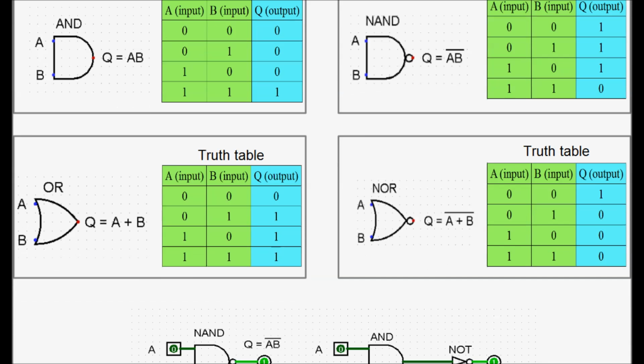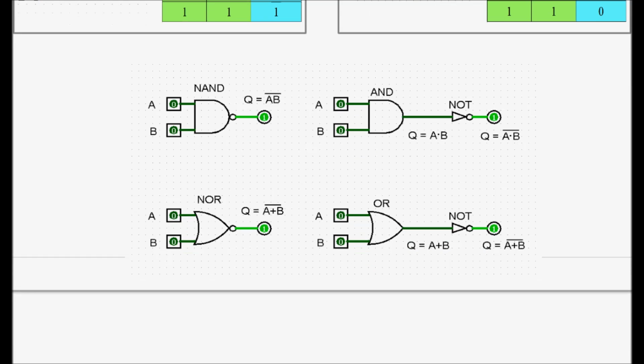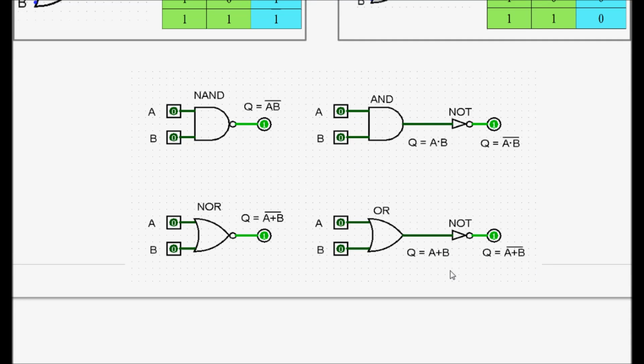Now this has a very simple explanation, and also a way to remember the truth tables for NAND and NOR gate. The only thing that we have to remember is that NAND gate is actually an AND gate followed by an inverter, and the same applies to NOR gate.